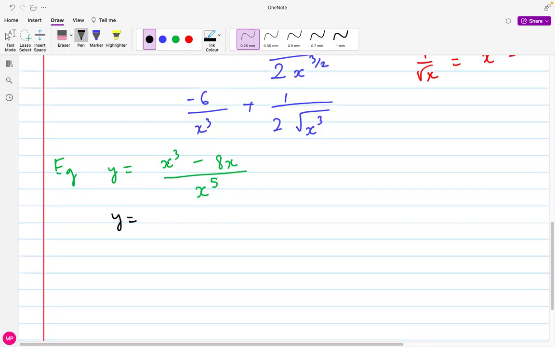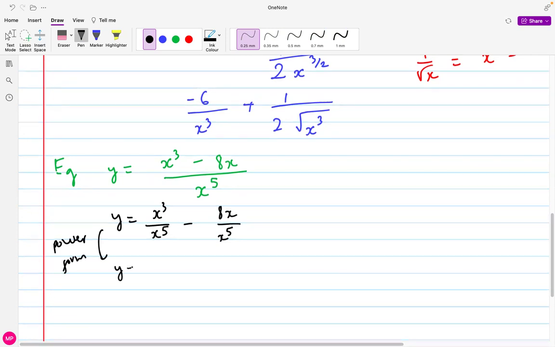So y equal, separate them as x cubed on x5 minus 8x on x5, all right? Then we simplify, we make them in power form. So we have y equal x cubed on x5, index law, we subtract the powers, 3 minus 5 is negative 2, minus 8 times x1 on x5, 1 minus 5 is negative 4, like that.